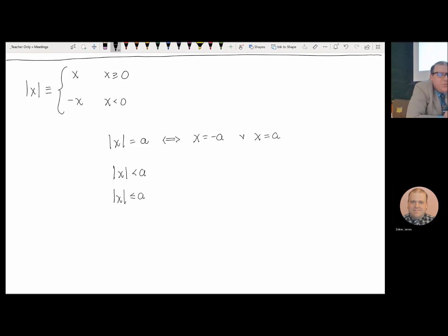Less than or equal to. -a less than x less than a. What this means. Again, this is a very important concept.